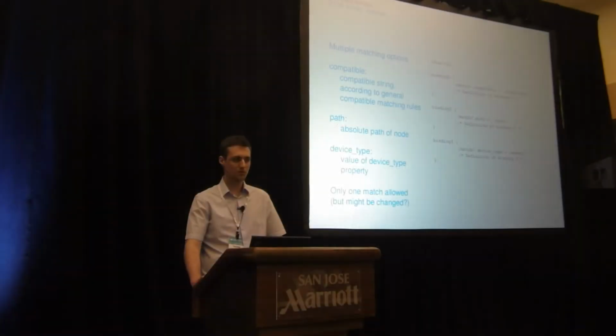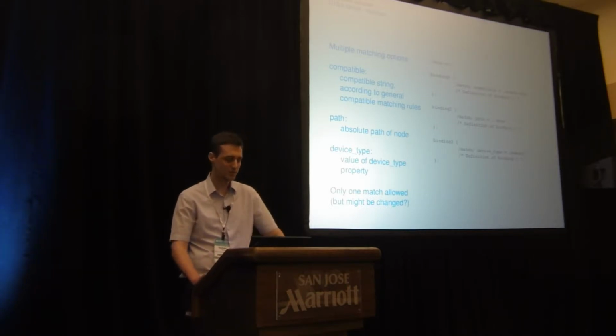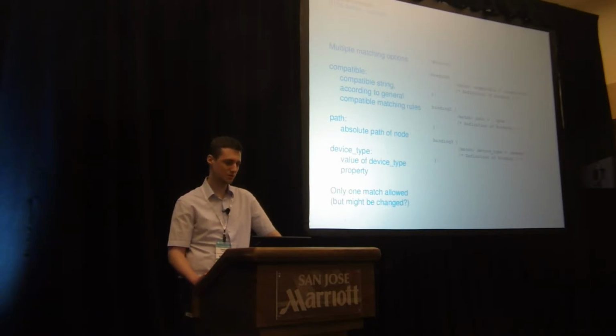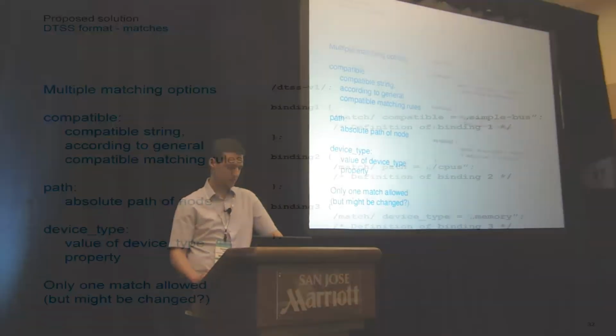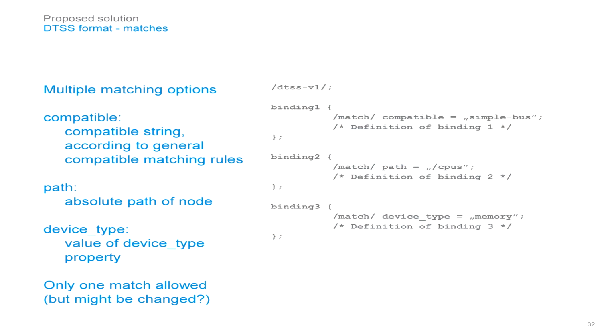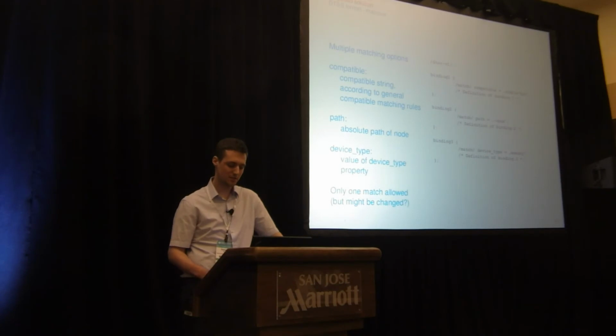The last 2 are used mostly to support verification of special bindings such as CPUs or memory nodes that don't have compatible string or have compatible strings but can't be used to bind them to particular bindings. At the moment, only one matching type is supported, but if needed, this might be changed. It will be a simple change in the code.